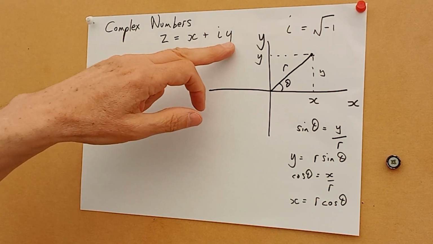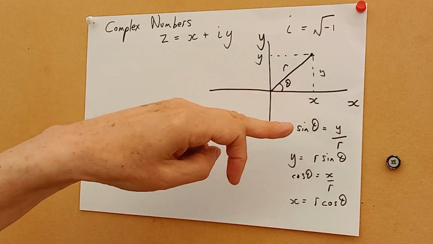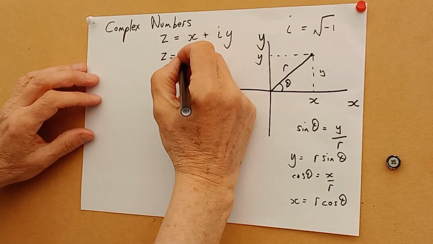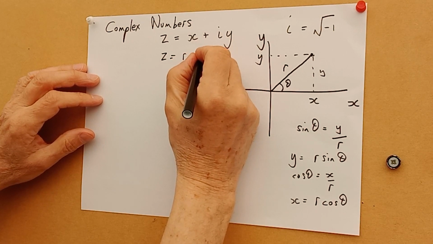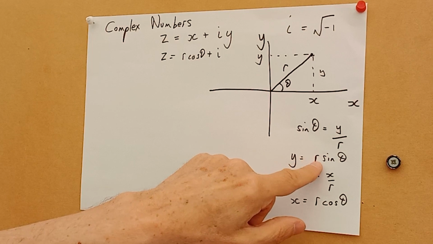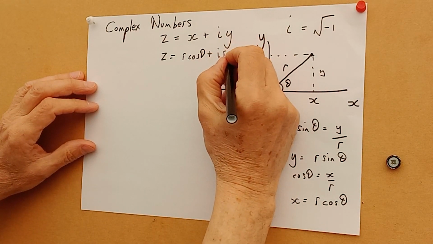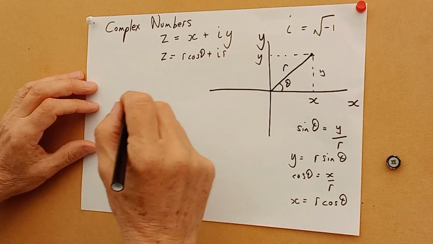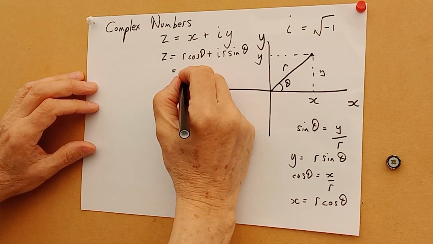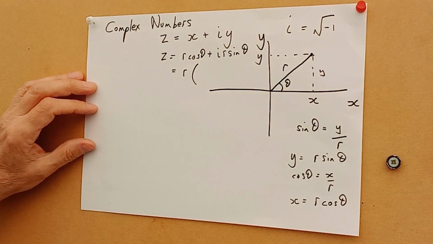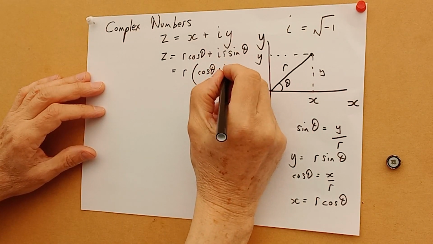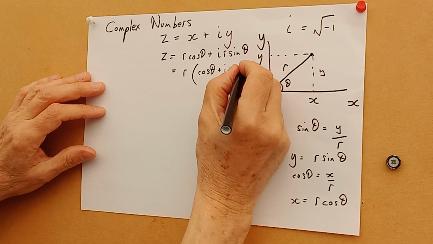So if we write this using these, z becomes, x becomes r cos theta plus i times r sine theta, which equals r multiplied by cos theta plus i sine theta.